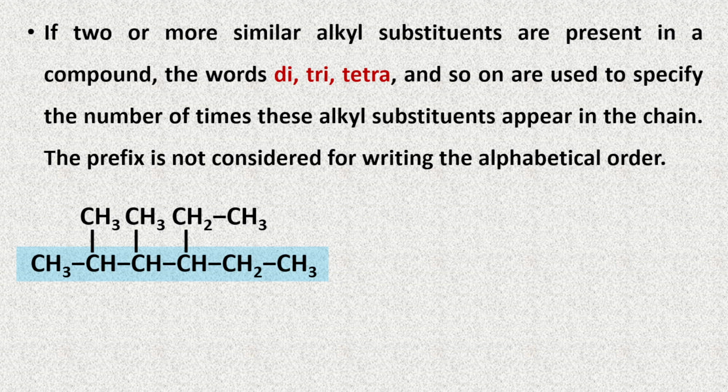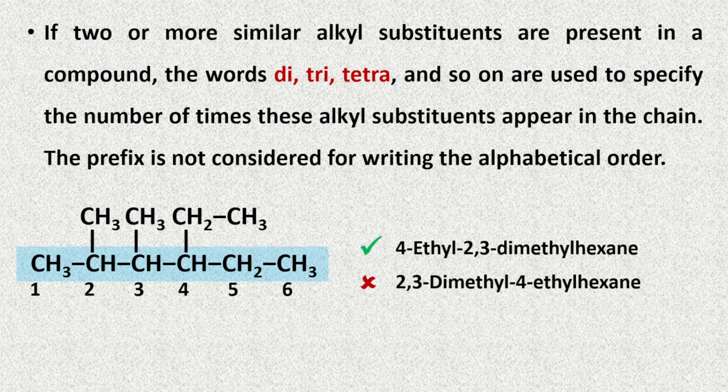So based on the locants and the other substituent, its IUPAC name is 4-ethyl-2,3-dimethyl hexane, not 2,3-dimethyl-4-ethyl hexane, as di will not be considered while writing the alphabetical order.